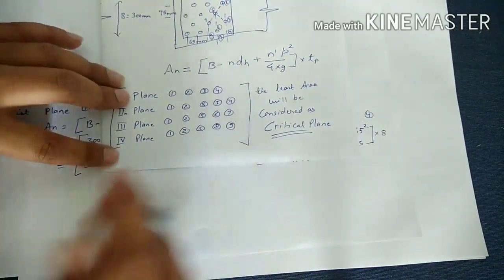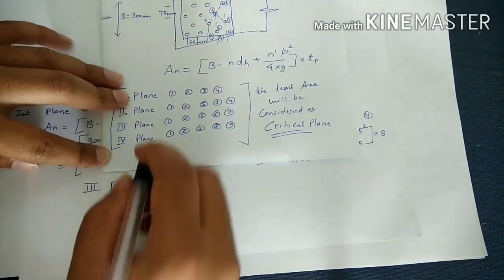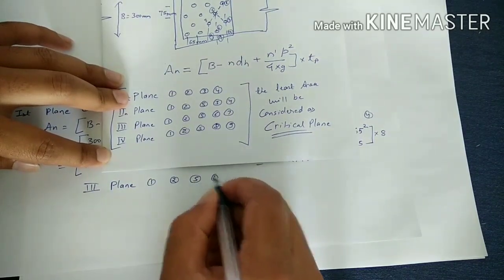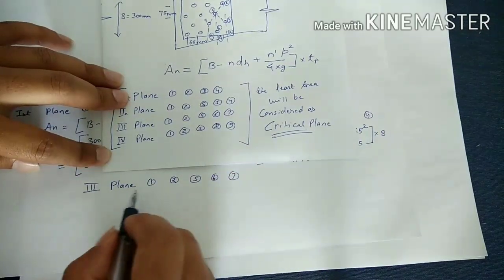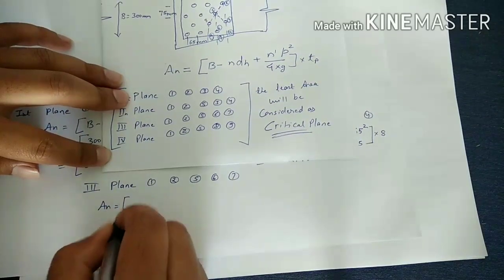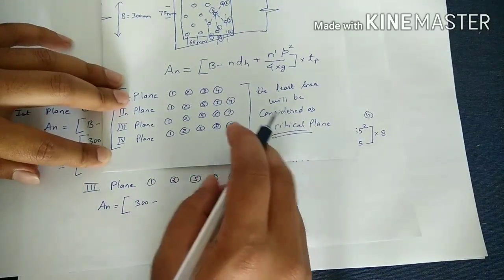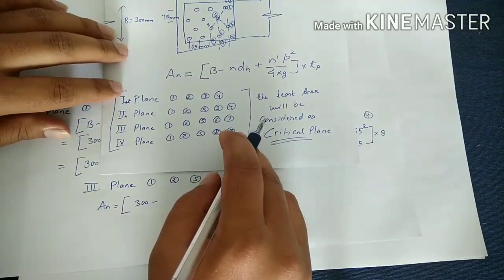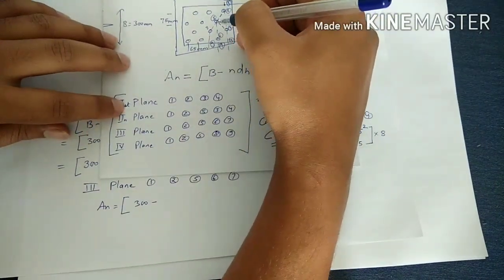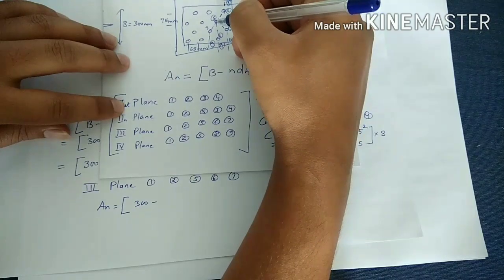Similarly, you have to find the net area for the third and fourth planes. Third plane, that is 1, 2, 5, 6, 7. Again the same formula: 300 minus N. First we see how many bolts are coming in its path: 1, 2 and 3.